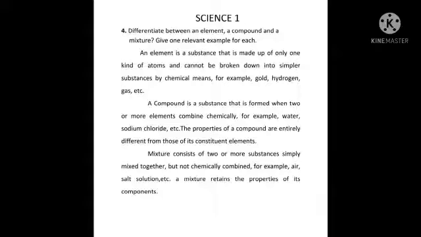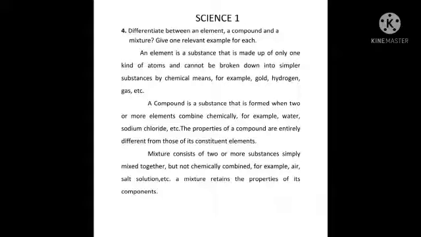Then example also they asked for each one, is it? So for example, gold, hydrogen gas, etc. Can you write? Then a compound is a substance that is formed when two or more elements combine chemically. For example, water, sodium chloride, etc. The properties of a compound are entirely different from those of its constituent elements.